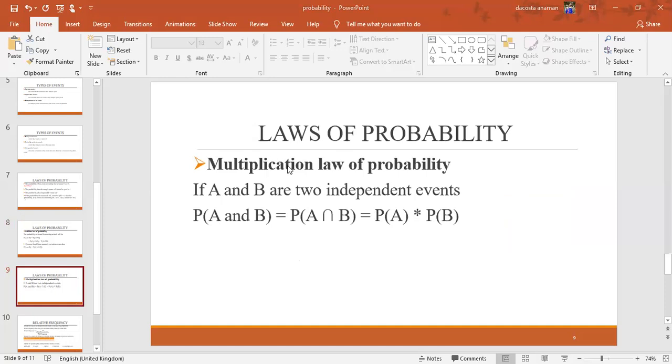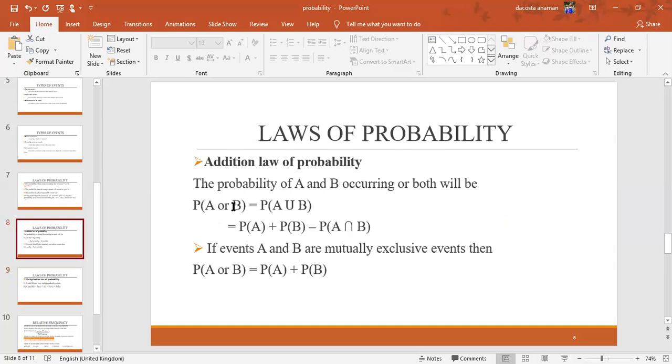Now let me go over again. The addition law of probability says A or B, and the multiplication law of probability says A and B. So if A or B is occurring, the probability of A or B occurring will be equal to the probability of A union B. Whatever is in A will occur, or whatever is in B will occur.